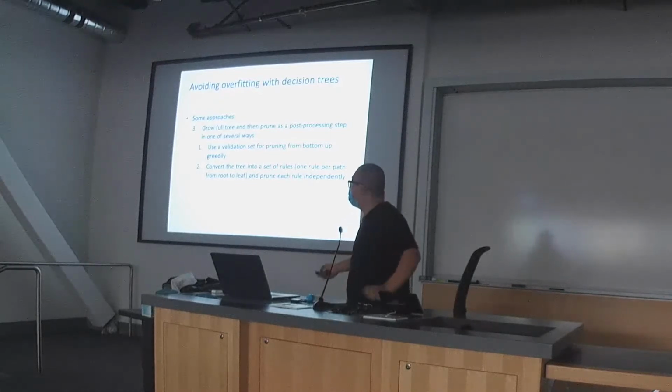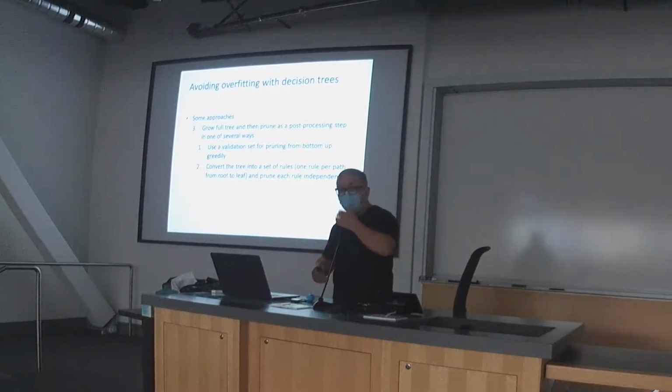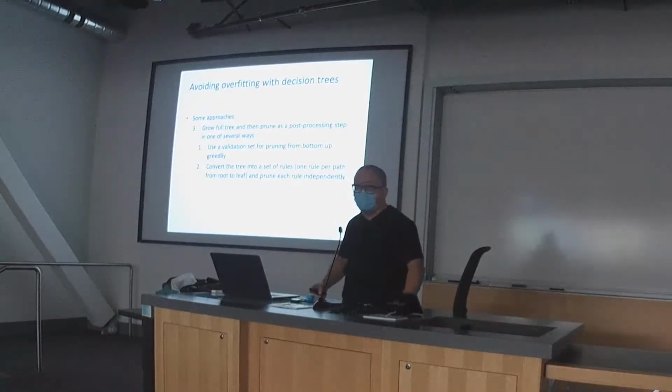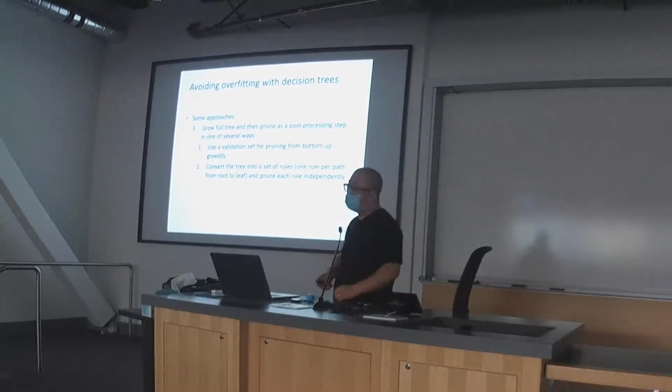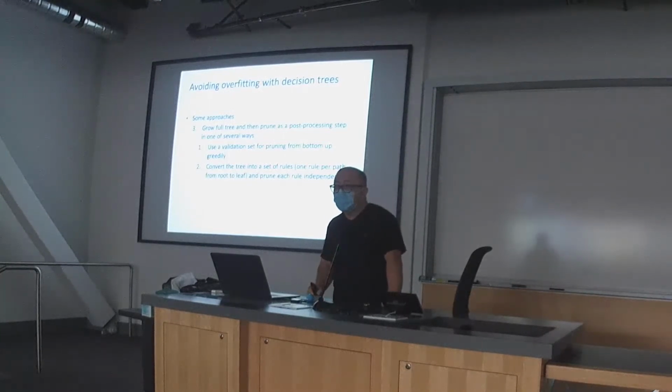I can either use a validation set, which is just like a held-out set, to prune from bottom to top in a greedy way, or we convert the tree into a set of rules. Remember that a prediction rule essentially passes from the root to the leaf, right? And I use whatever data set or heuristics to determine which rules to prune, and then combine those rules together to form our pruned tree.